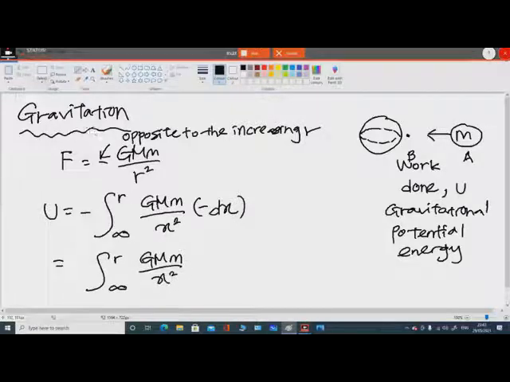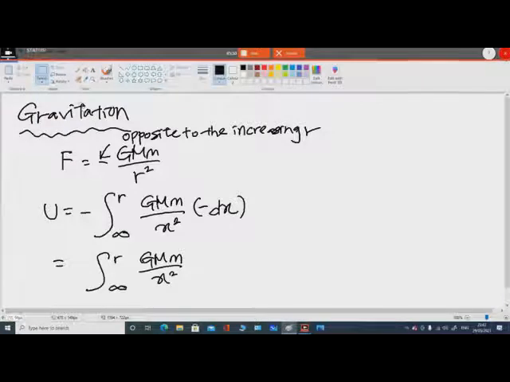Let me erase this one. Between r and the infinity point, the infinity point should be bigger.